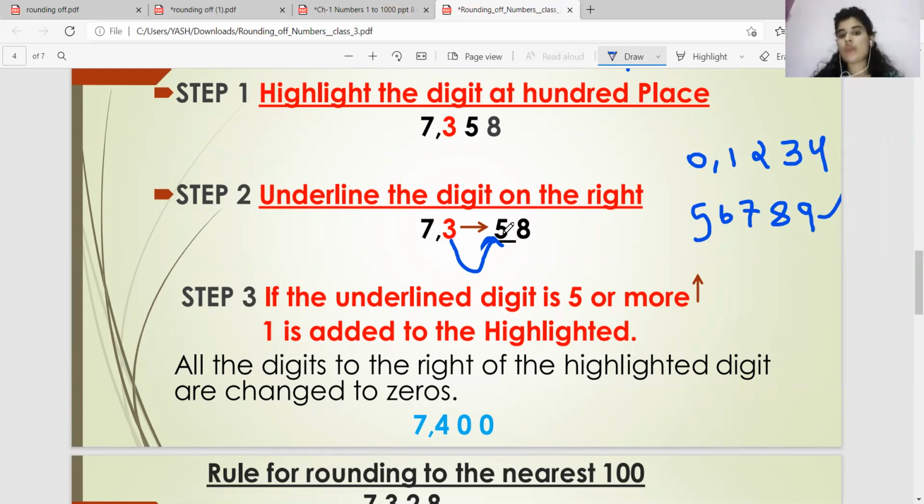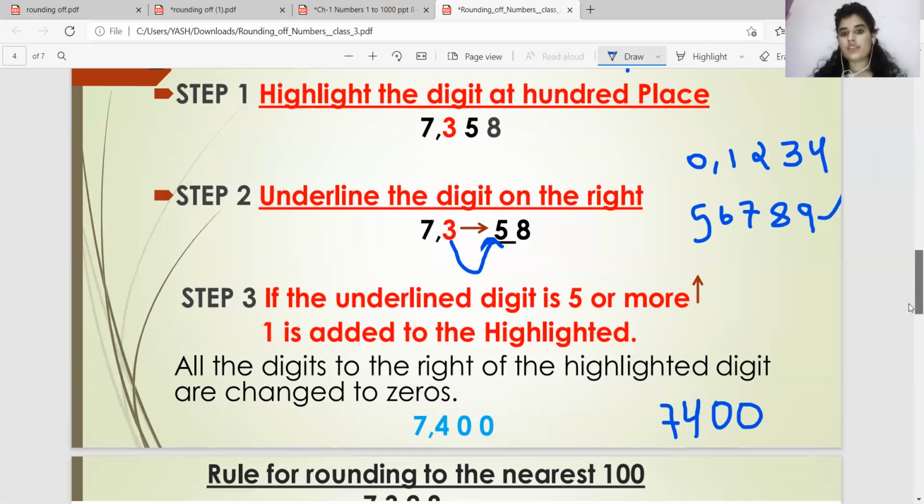Second slot means you have to add 1 to the highlighted digit. The highlighted digit is 3, so 3 plus 1 is 4. From the highlighted digit, the right side digits become 0 and the left side stays the same. The left side digit is 7, so write 7 as it is, then 0 for the tens place and 0 for the ones place.